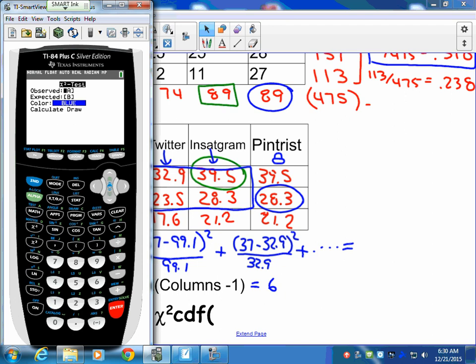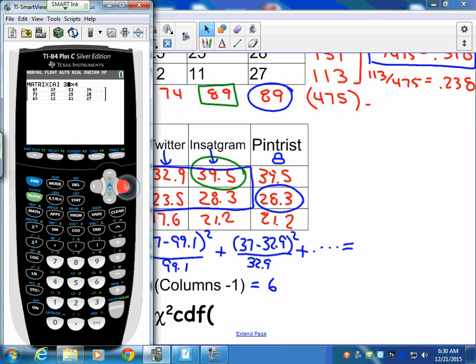So now, to get to your matrix screen, it's second and then the inverse button gets you into your matrices. We have to arrow over to the edit, and I already have this matrix edited in, but let's take a look at that. And then you want to hit enter once you get to the edit. First thing that you have to do is describe your size.